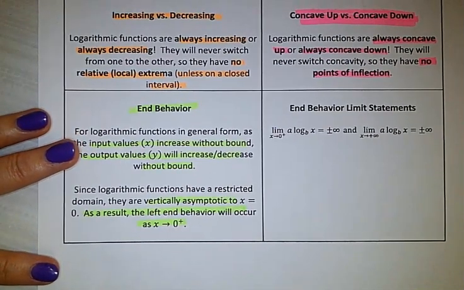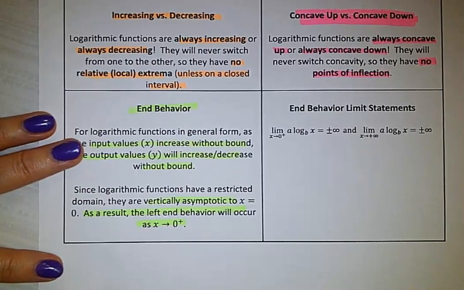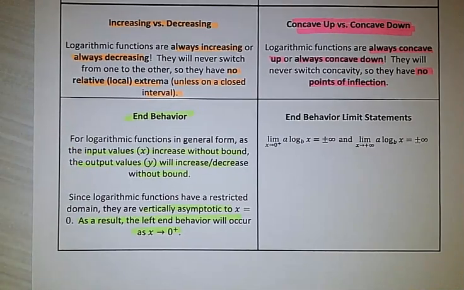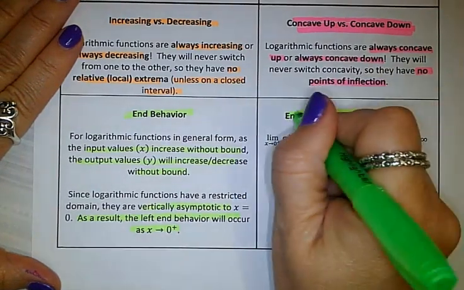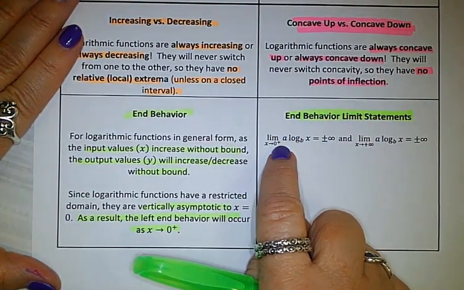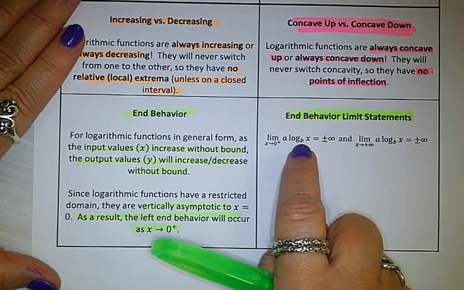So you're going toward 0 from the positive direction. All right, so then we have our end behavior statements.